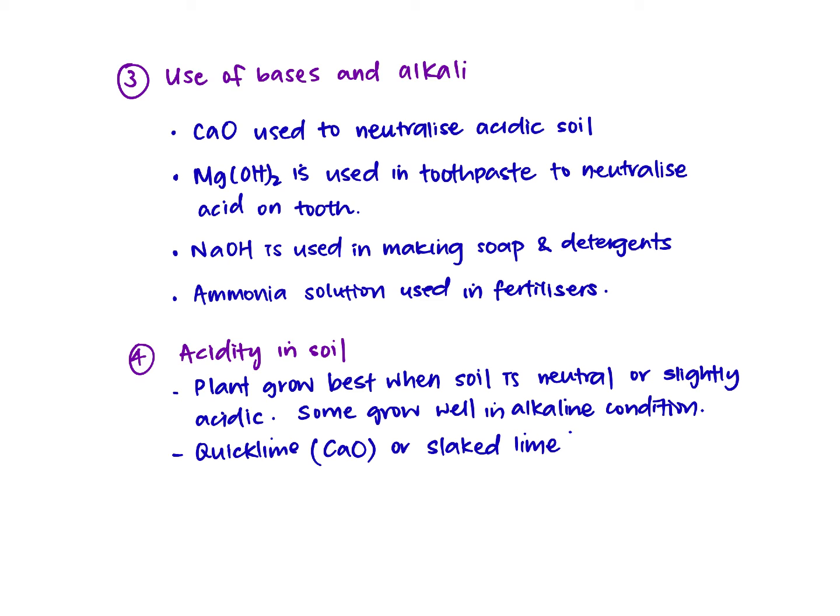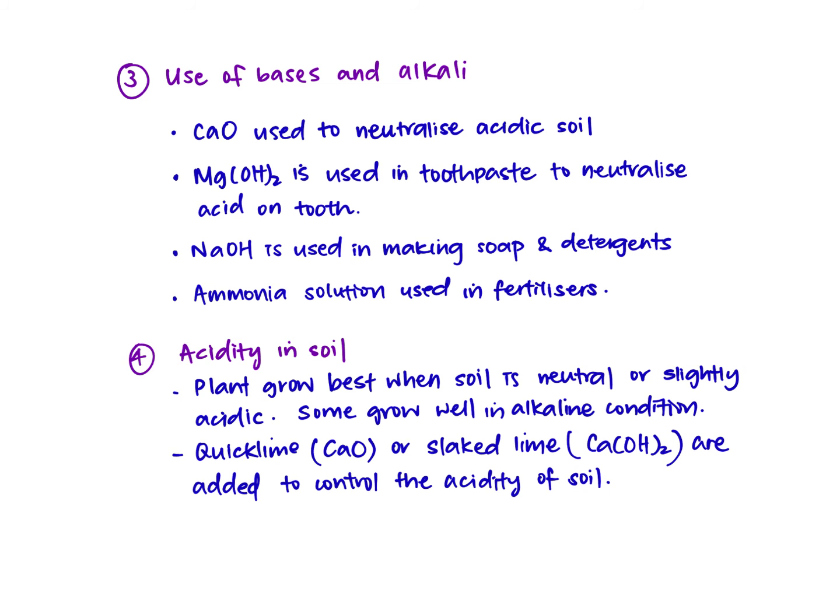So we can use quicklime, CaO, or slaked lime, which is calcium hydroxide. When we add this, it will control the soil pH level by decreasing the acidity or increasing the pH value.